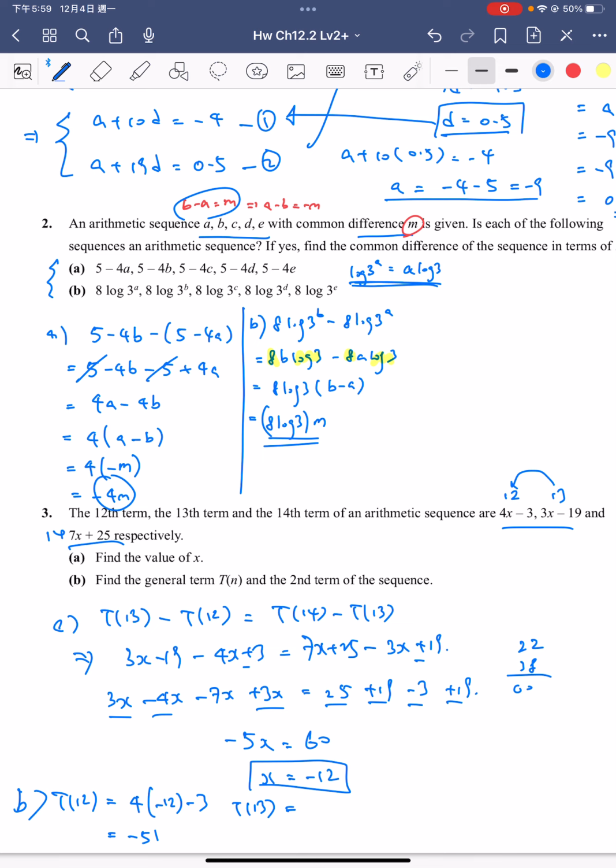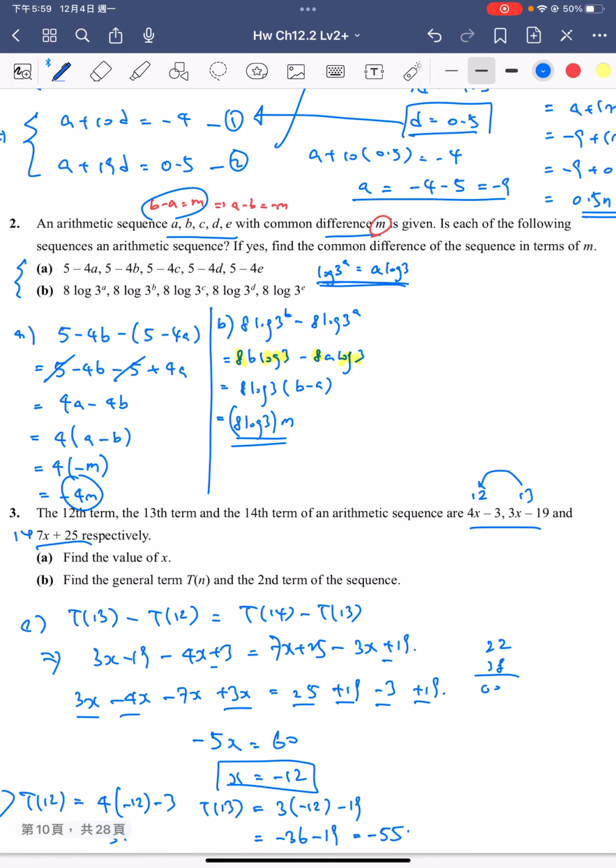So T13 is just equal to 3 times negative 12 minus 19, giving you negative 36 minus 19, and this is equal to negative 55. So now we can find out the common difference between them, isn't it? The common difference D is just equal to negative 55 minus negative 51, giving you the common difference equal to negative 4.